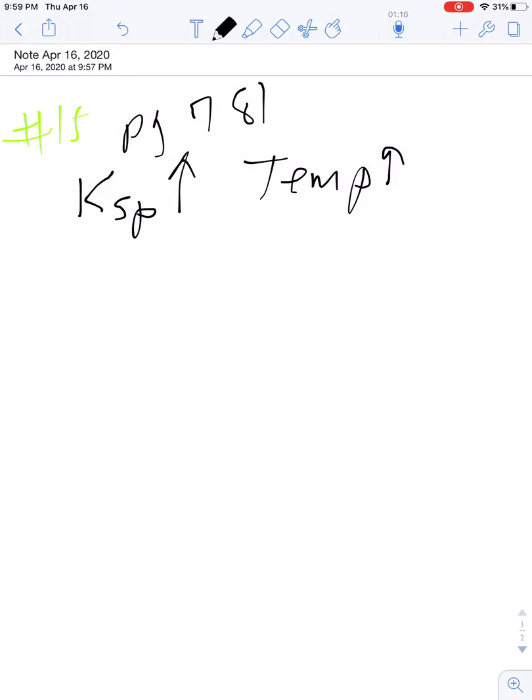Other people might say that if you add more volume of water, you're increasing the solubility. Well, you're increasing the amount that dissolves, but you're really not changing the KSP at all. Similarly, you can change the pH or add a common ion, but again, none of those actually changes the KSP.